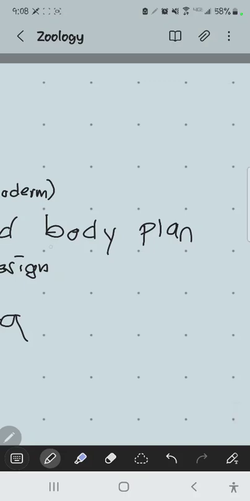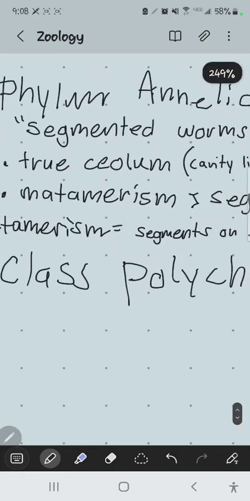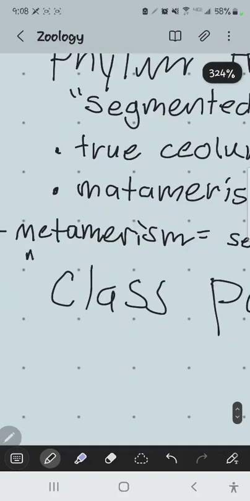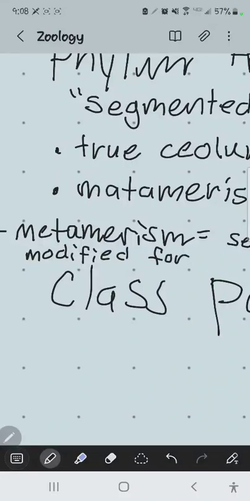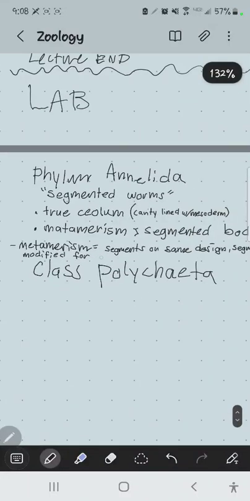Like the head segment will have sensory structures like antennae or eyes or feeding structures. And then the front part of the organism has maybe some digestive parts, so a crop and a gizzard and gonads. And then the posterior part of the organism has maybe some intestinal region for absorption.